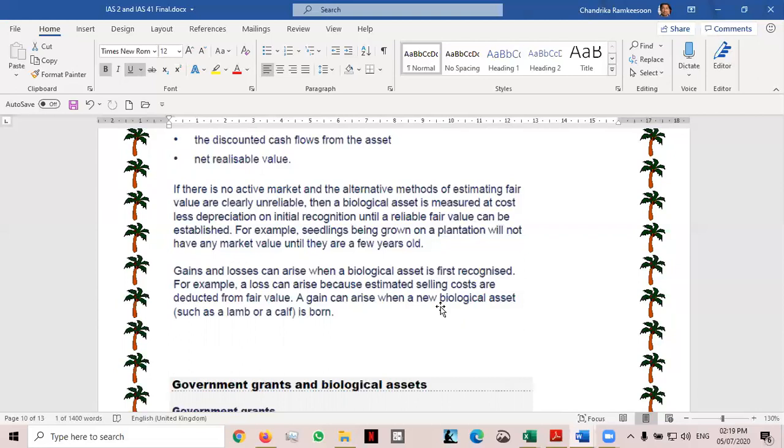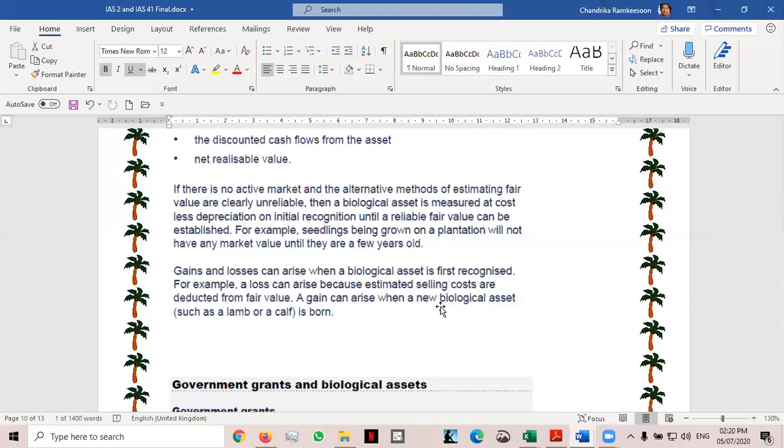With IAS 16, the business has a choice beyond initial recognition, where it can be at cost or the fair value approach. What you see here is that initial recognition has to be at cost if, and only if, there are no active markets and so forth, so fair value cannot be determined using the normal criteria. So it will be at cost initially.